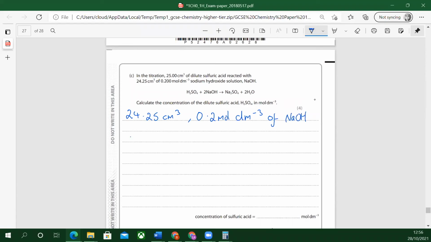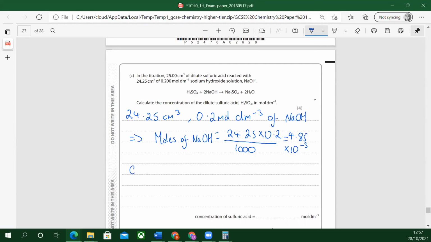Let's work out the moles. So moles of NaOH: 24.25 times 0.2, and to put that into decimeters, we divide by 1,000. That is going to be quite a small number: 4.85 times 10 to the power minus 3. Then the moles of H2SO4 is half of that.